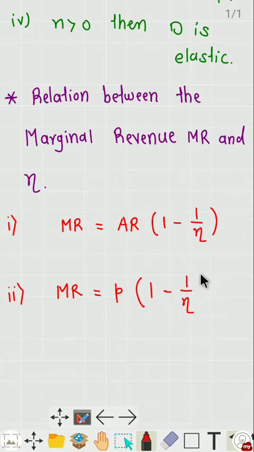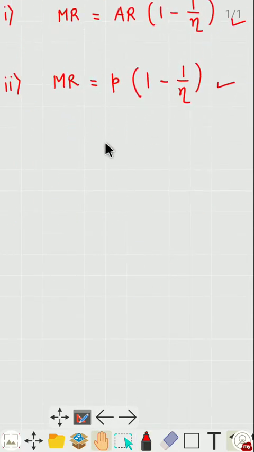Okay, so this is basically only one relation, and it is an important relation between marginal revenue and price elasticity of demand. So let us try to solve some examples based on this relation.